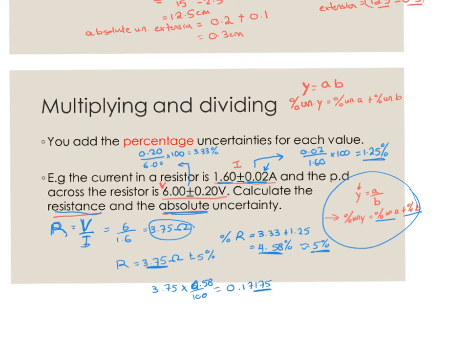This is too much. I don't need this because I don't actually have a measuring instrument that measures to that depth, to that precision. So what I will end up with is just rounding it up. It will be 3.75 plus or minus 0.17 ohms. That's my resistance with the absolute uncertainty.